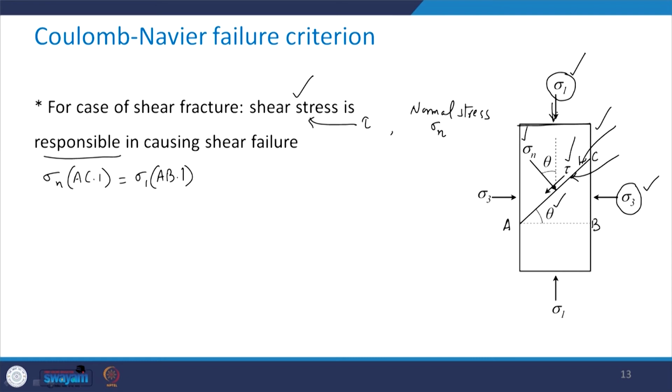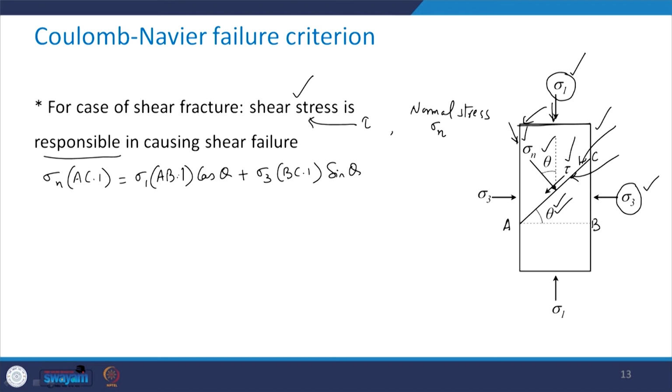So I need to find the component of this in the sigma n direction, and because this angle is theta, this angle will also be equal to theta. So the component of this sigma 1 in the sigma n direction is going to be this force into cos of theta, plus sigma 3 into BC into 1 into sine of theta.